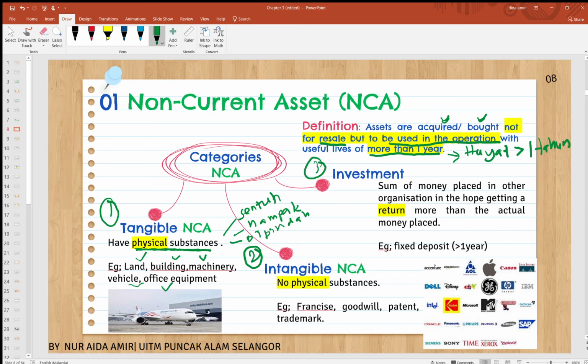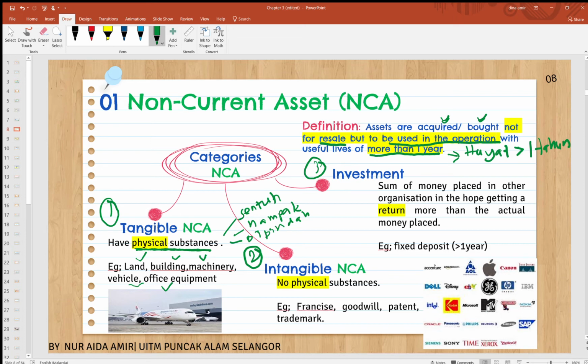Tiba-tiba dia robohkan ataupun dia buat sekolah tu jadi pusat lain. Tetapi property tu masih ada, tapi dia pindahkan kepada tempat perumahan orang. Itu adalah building. Okay? Tapi still dikira sebagai non-current asset, sebab benda tu tahan dalam jangka masa yang lama. Okay? Dia boleh sentuh, dia boleh nampak.